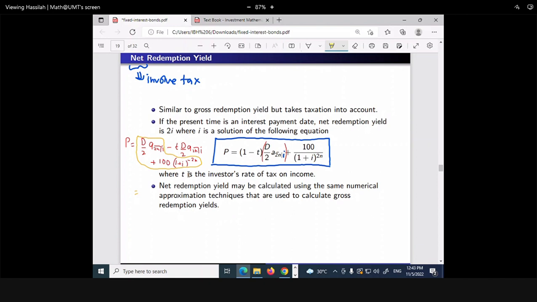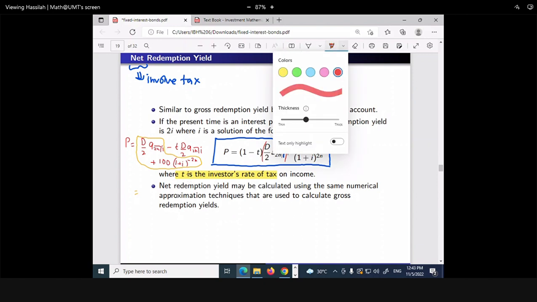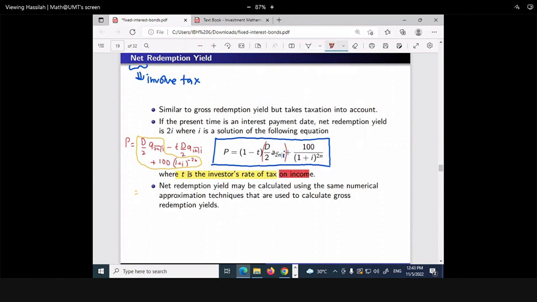Okay, how if I highlight this one? P is the investor's rate of tax on income. Is the 100 your income? I think no, it is not. Because you invested earlier, you lent the money.